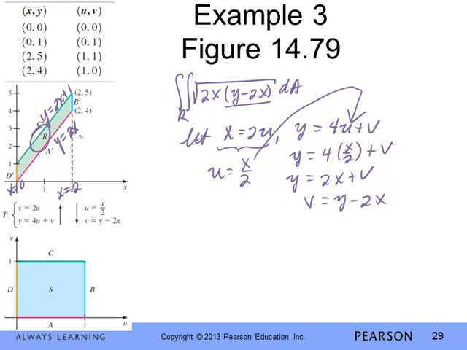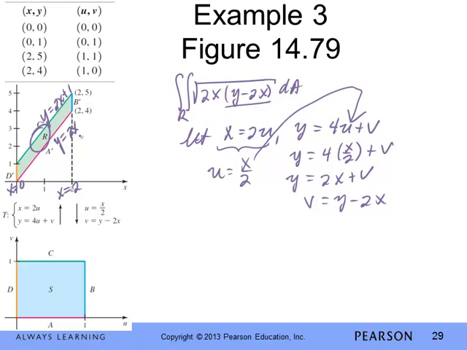So it looks like with the substitution, after we plug in 2u for x and replace y by 4u plus v, then the limits of integration for our new integral is going to be where u varies between 0 and 1 and v varies between 0 and 1.